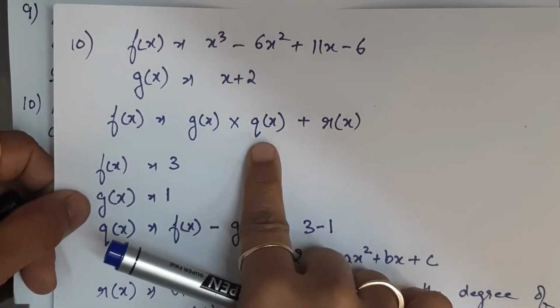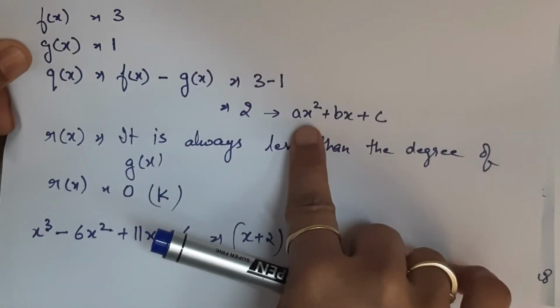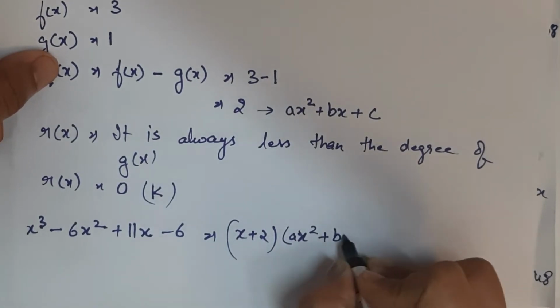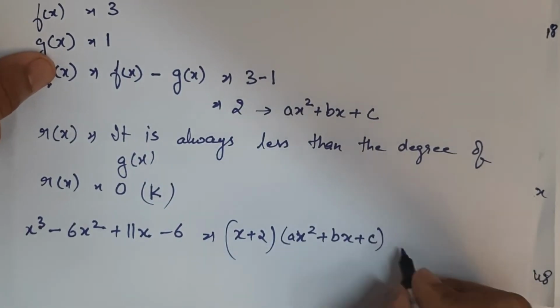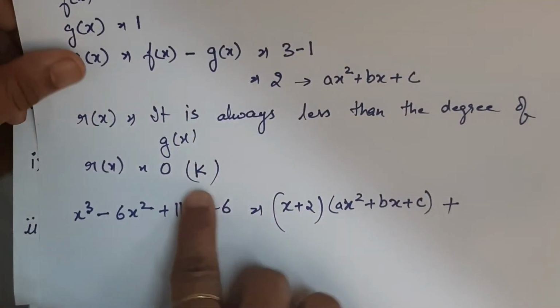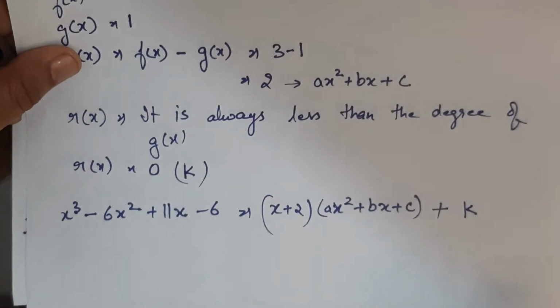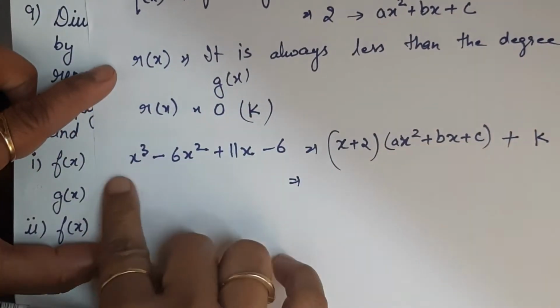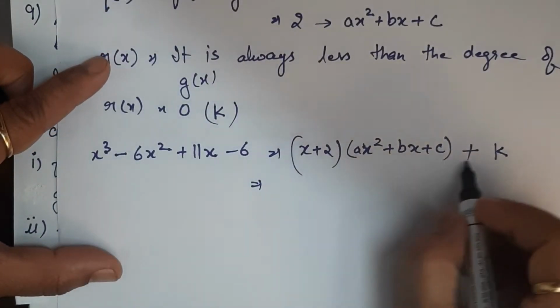Now what is Q(x)? Q(x) is this equation, which is ax² + bx + c, plus the remainder. The remainder is a constant term, which means k. Now solve this. How will we solve? See, put this equation in a similar way. Just solve this equation.